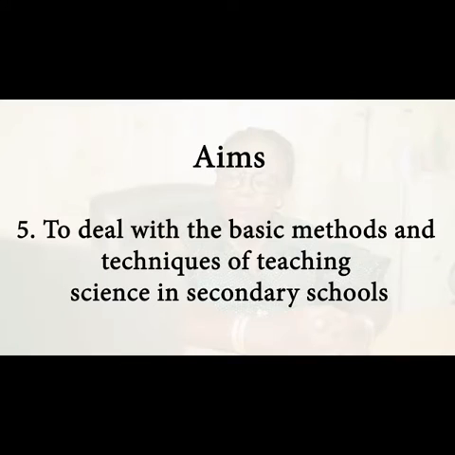To examine the contributions of some cognitive psychologists like David Ausubel, Jerome Bruner, Gagné, and Piaget to enhance our knowledge of nature of science teaching. Also, to deal with the basic methods and techniques of teaching of science in secondary schools.